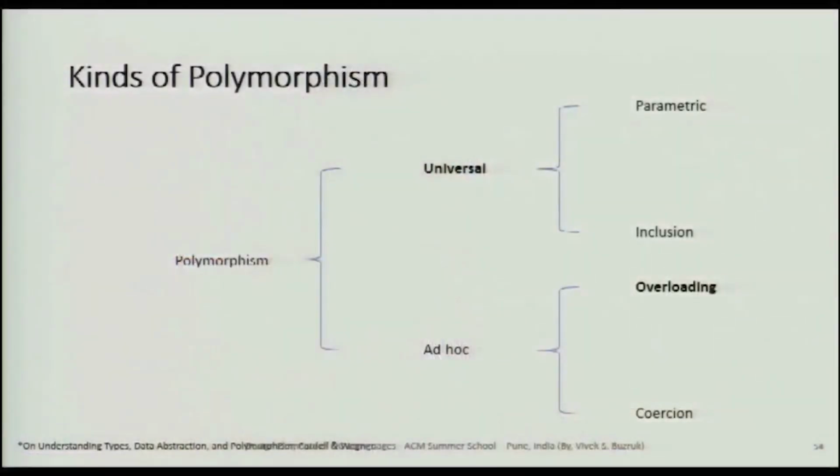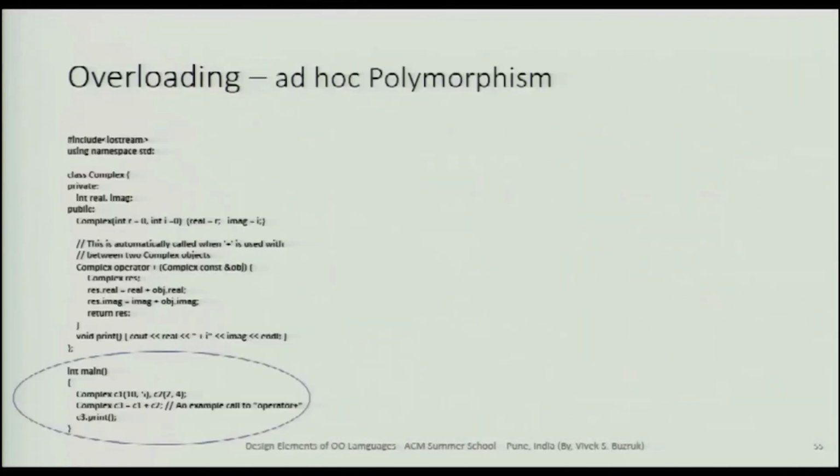So coming back, we talked about this particular part, now we are going to get briefly into ad hoc polymorphism once more, and then I will go to inclusion. Inclusion is very important, I will go to that soon.